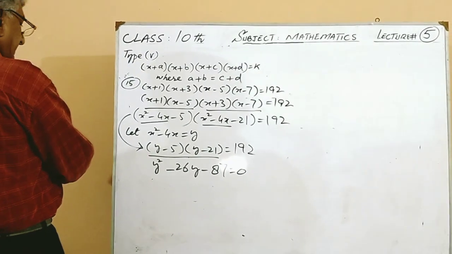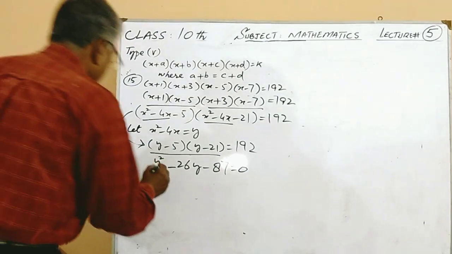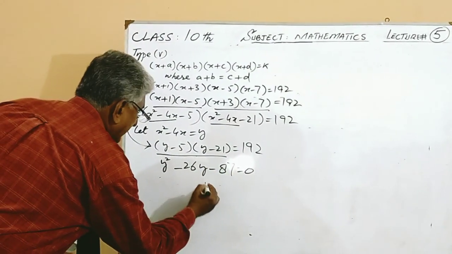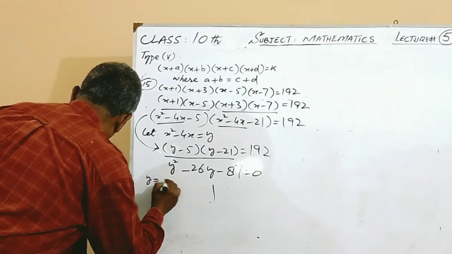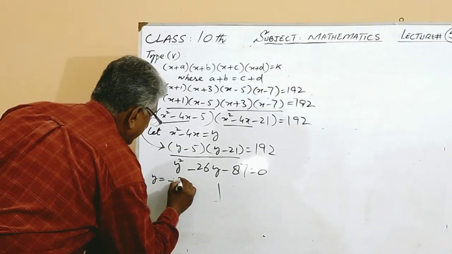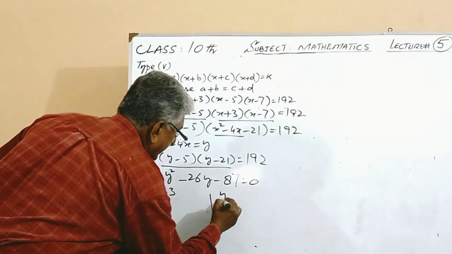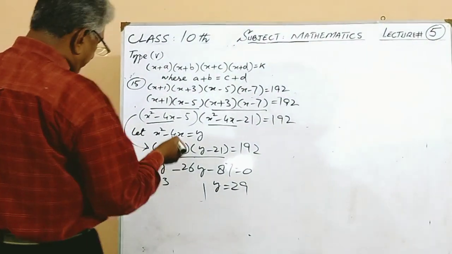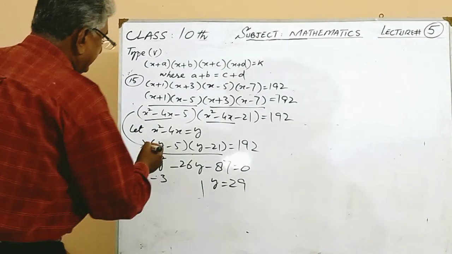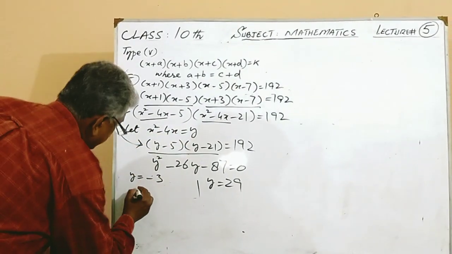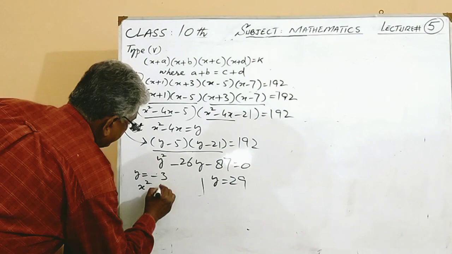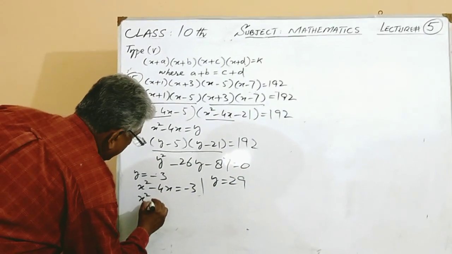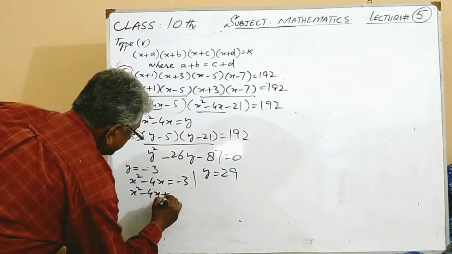One value will be, after factorization, y is equal to minus 3, and here you will get y is equal to 29. Now you have to put the value of y that is already supposed here, that is x square minus 4x is equal to minus 3, x square minus 4x plus 3.